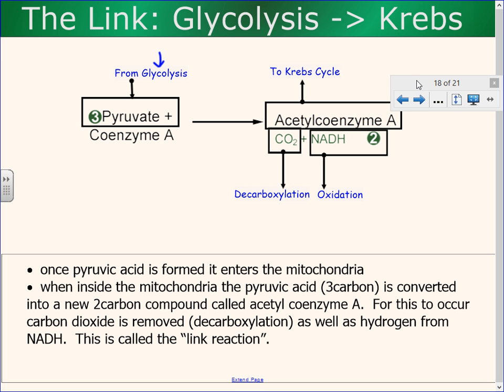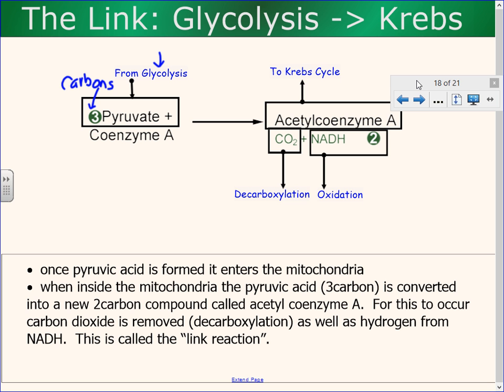Glycolysis is the first step, which happened in the cytoplasm. Before I can move on and go to the next step, the Krebs cycle in the mitochondria, I need to take pyruvate, and that little 3 refers to the fact that there are 3 carbons.